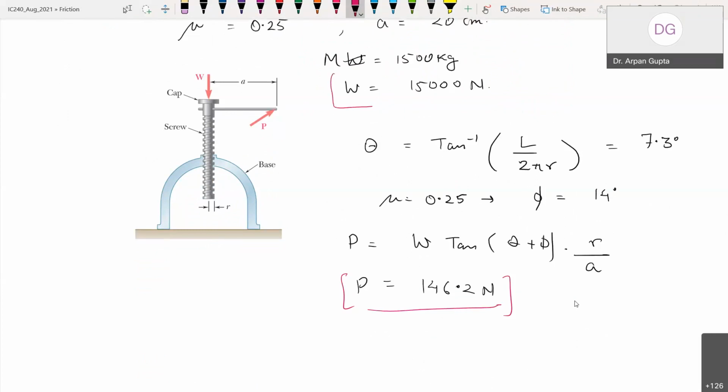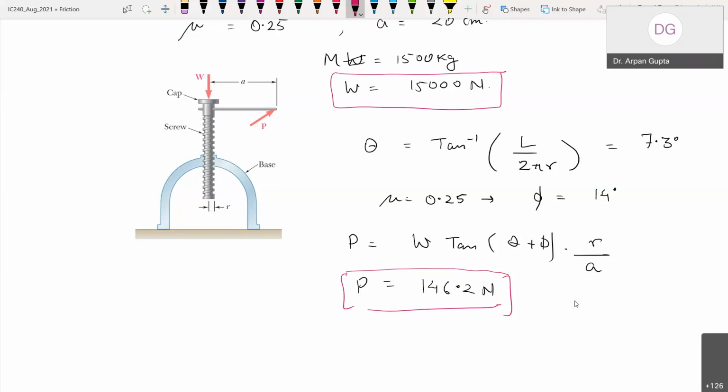So you can see that the effort has been reduced considerably. To lift a weight which is 15,000 newtons, humanly it is practically impossible. And now you can see that by the help of this simple machine, which uses the concept of friction, we are able to lift just by applying 146 newtons. 146 newtons means approximately you are lifting 14 kgs, which I'm sure any one of us can do.